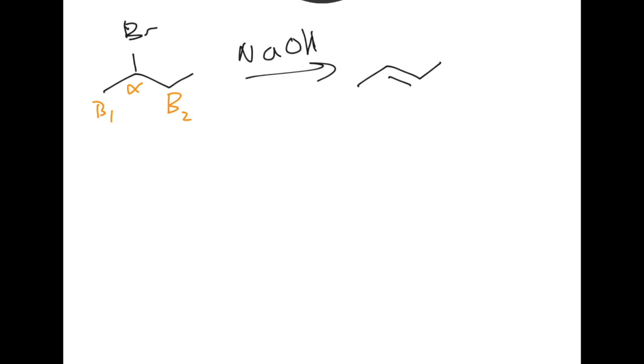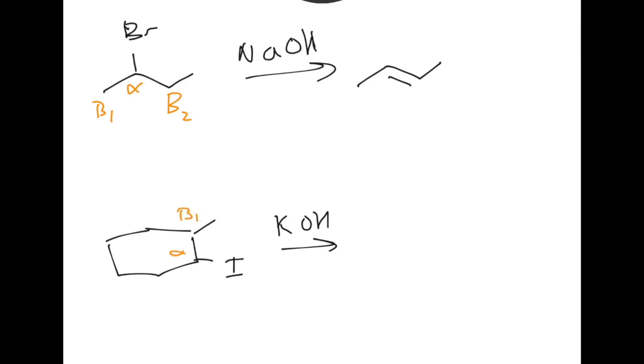So this works for pretty much any example. You're just going to do the same thing over and over again. You're going to find your alpha, you're going to find your beta and your beta.